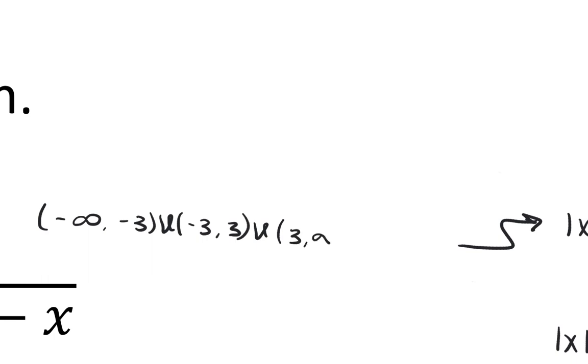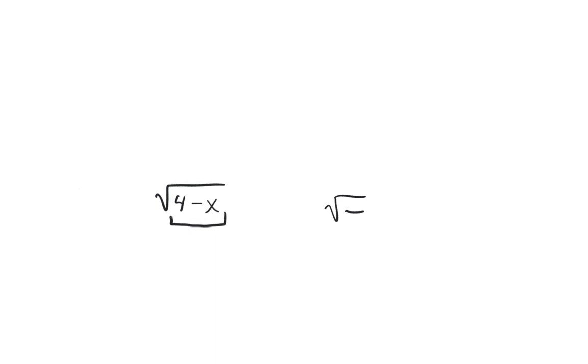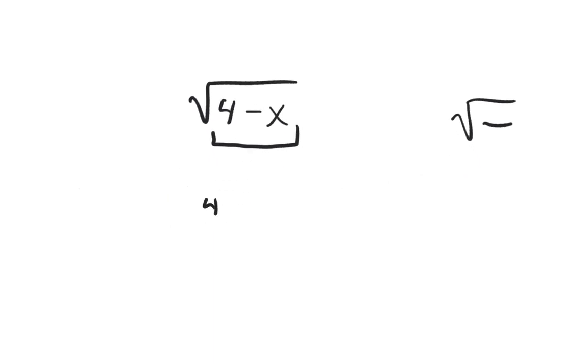3 to infinity. Perfect. Now moving on to the last one here, we have the square root of 4 minus x. This is going to be bad if we take the square root of a negative. So what we want is the inside, 4 minus x, to be greater than or equal to 0. As long as this is the case, we're okay. Now we want to isolate x.